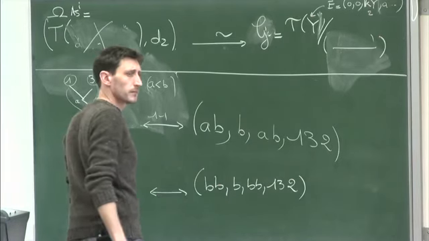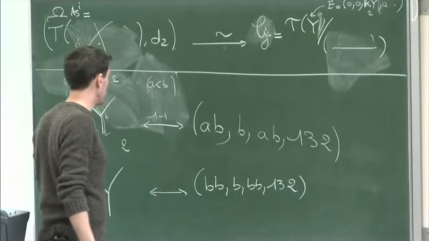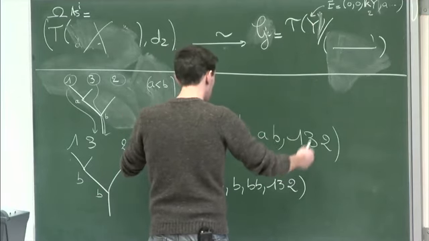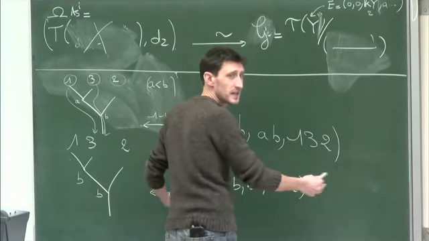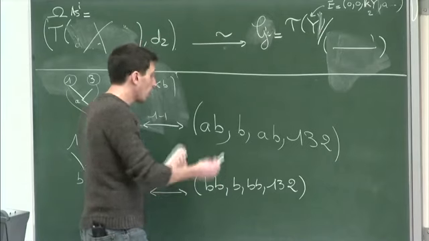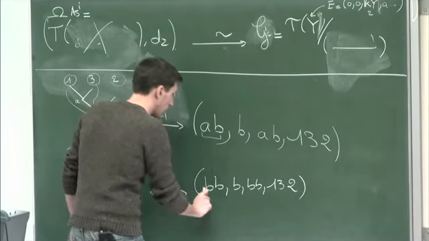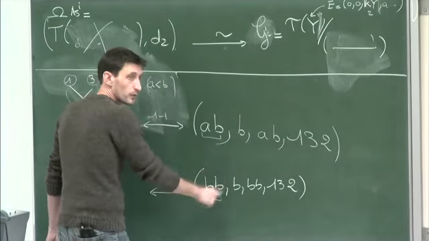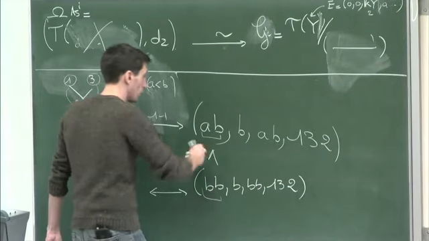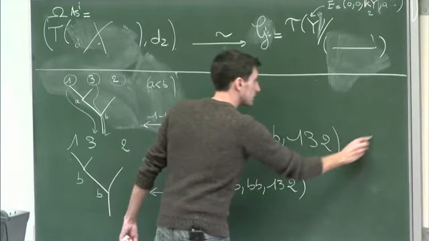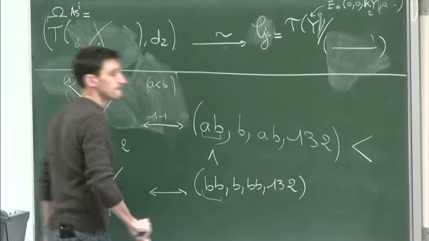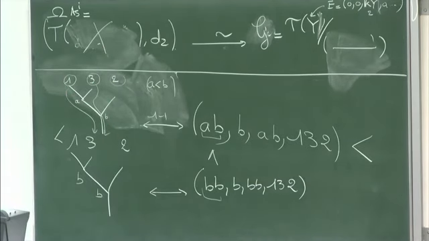They have exactly the same number of letters, so you cannot say one is greater than the other. The length is the same and the number of letters is the same. So how do you compare them? The lexicographic order: you start from the first word, and this is strictly less than that. So globally, this one is strictly less than that.